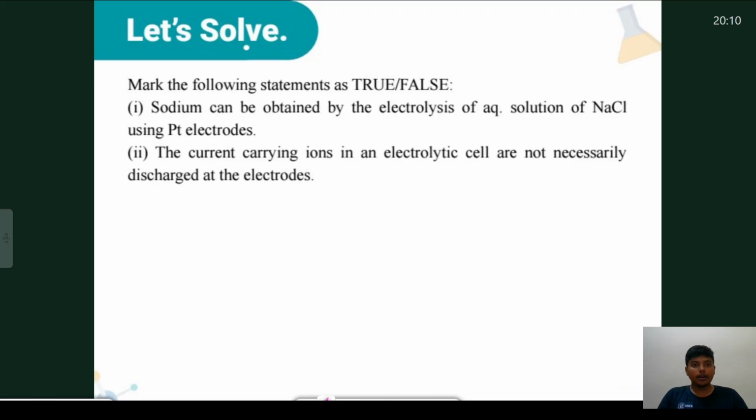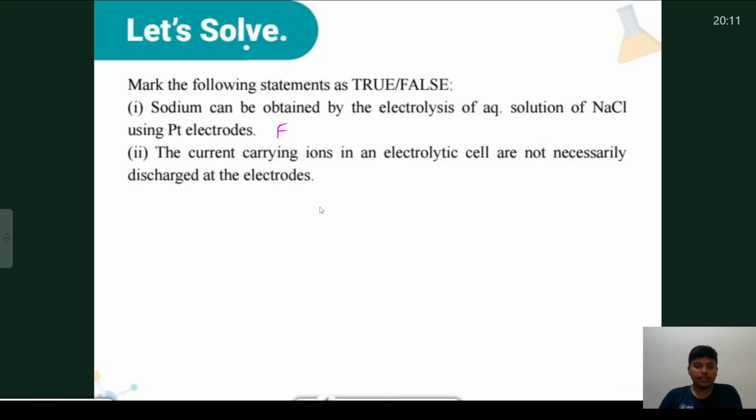Next, tell. First one false. Second one: the current carrying ions in an electrolytic cell are not necessarily discharged at the electrode.